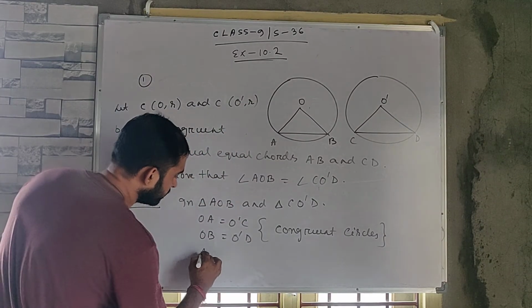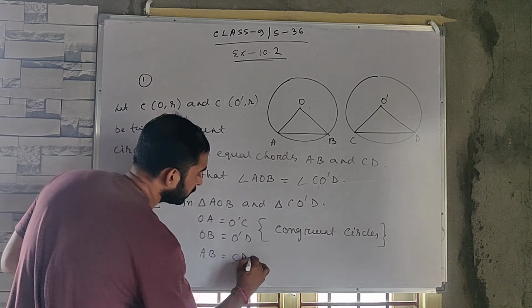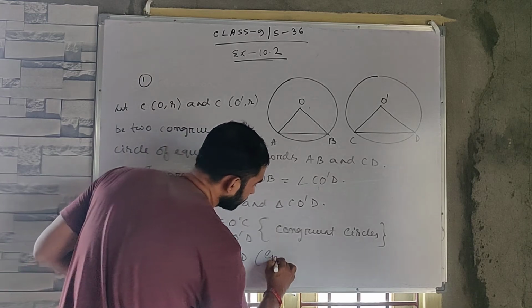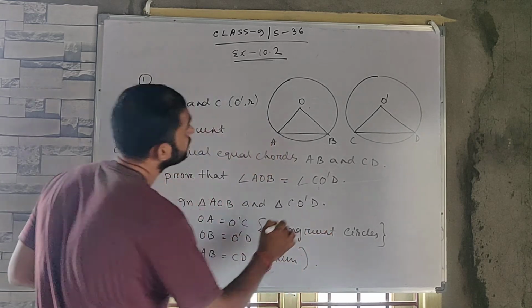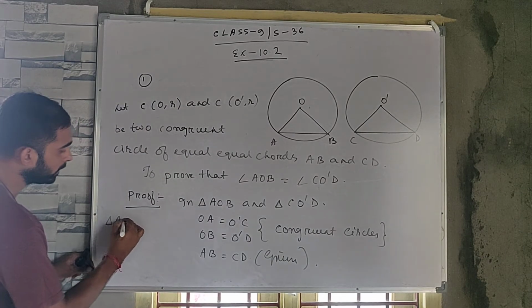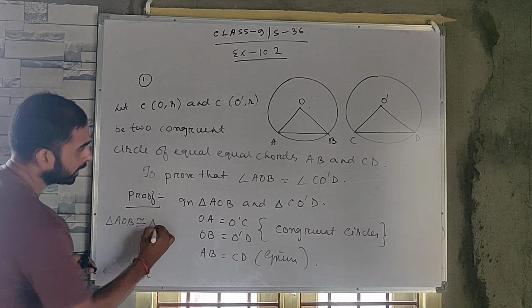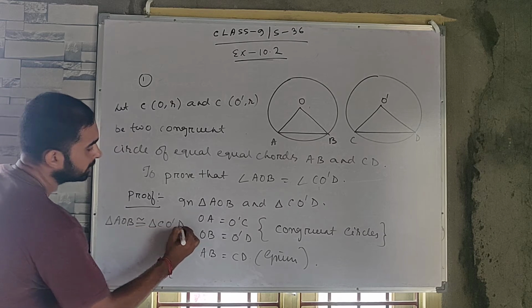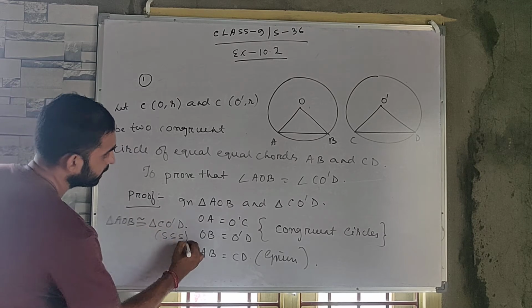So AB equals CD, which is given. Done. So therefore triangle AOB is congruent to triangle CO'D by side.